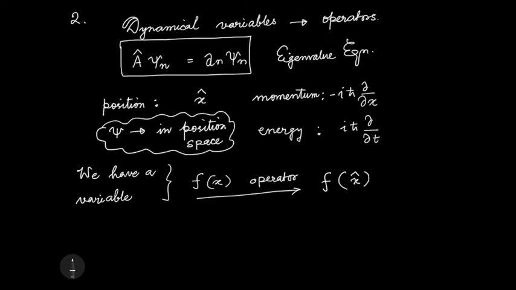So for example, if the dynamical variable is x squared, all I have to do is x cap times x cap on psi. And this is often written as x cap squared.